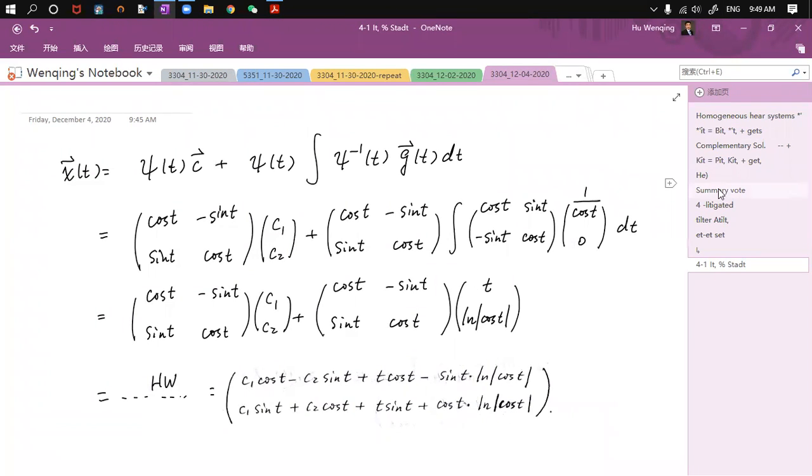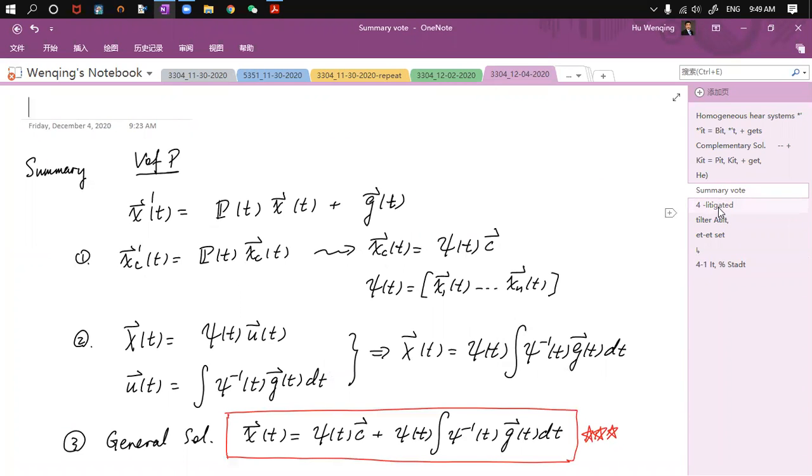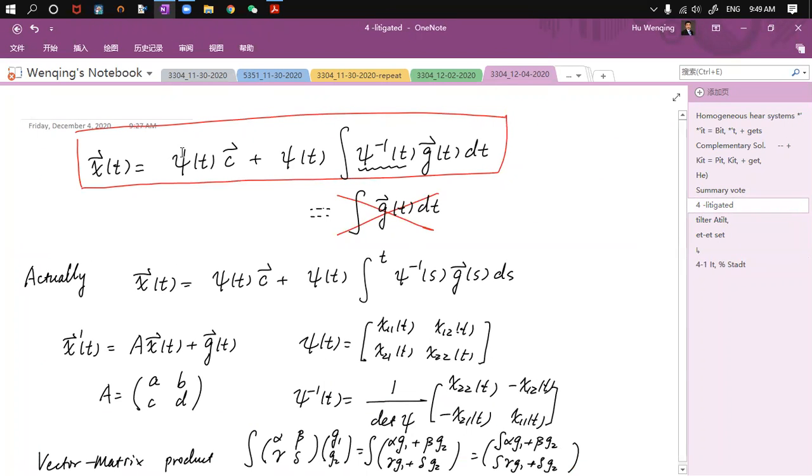Remember, after this class, this formula is going to be crucial for the rest of your exams. You're going to see in the final exam that you have to interpret the information of the fundamental matrix Φ(t), and you have to perform Φ inverse multiplied by the right hand side, integrate, and then multiply by Φ(t) and add the complementary solution to reach a general solution.